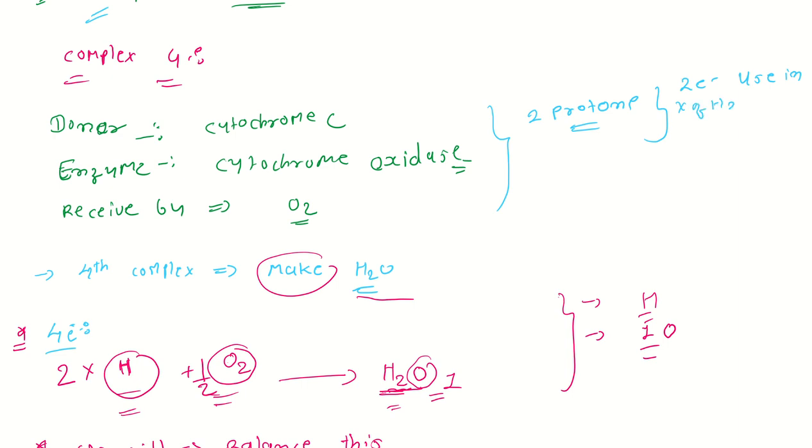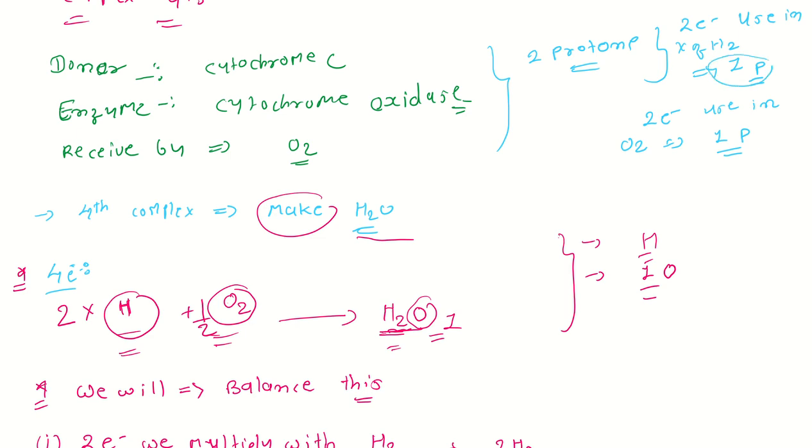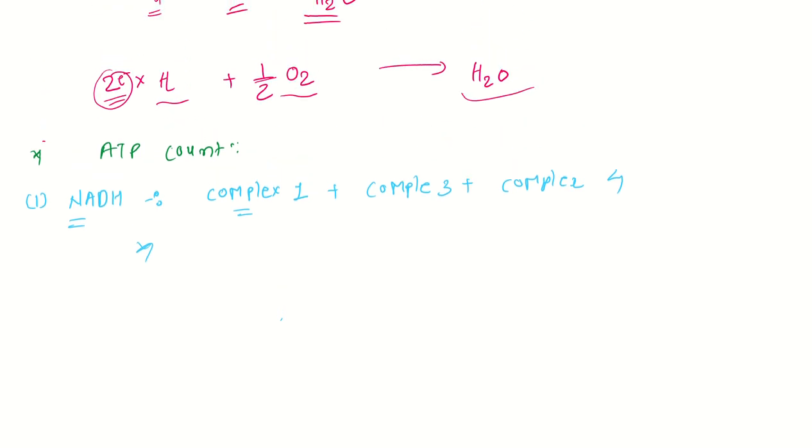the H2 step. So 1 proton is produced, and 2 electrons are used in O2. So here 1 proton is produced. So in total 2 protons. So complex 1 how many protons? 4 protons. Complex 3? 4 protons.